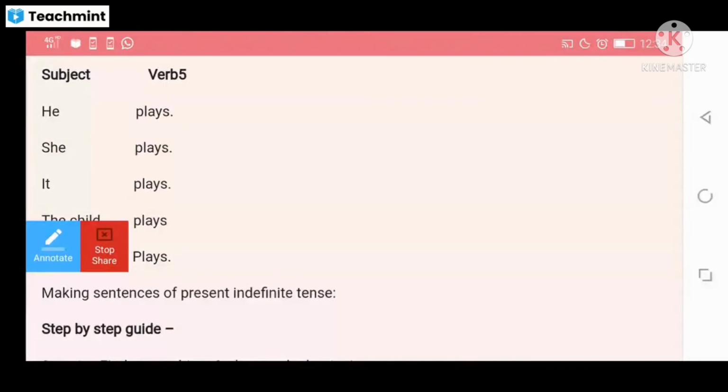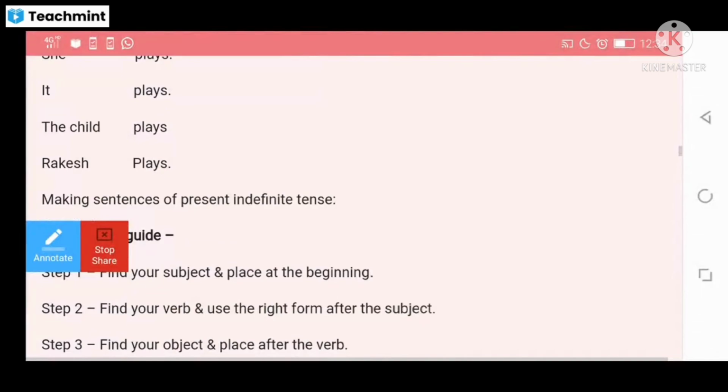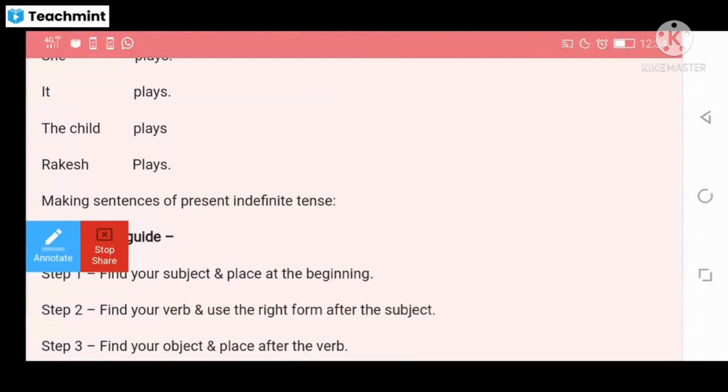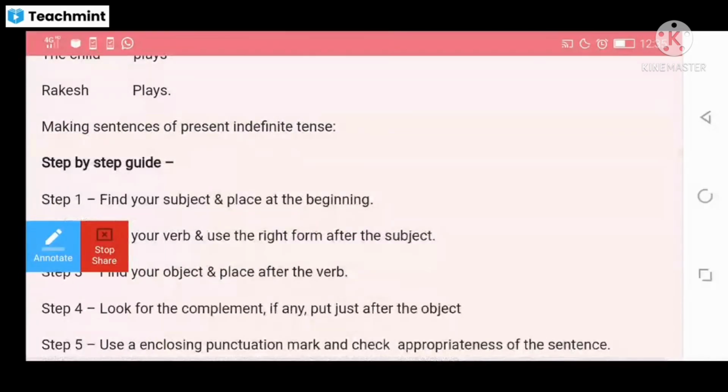In present indefinite tense. Next comes making sentences of present indefinite tense. That is how to make sentences of present indefinite tense. It's a step-by-step guide. These guides are very important if you are a beginner or if you know a little bit of English. The first step says find your subject and place it at the beginning. That means to write a sentence, you need to find out the subject and place it at the beginning.